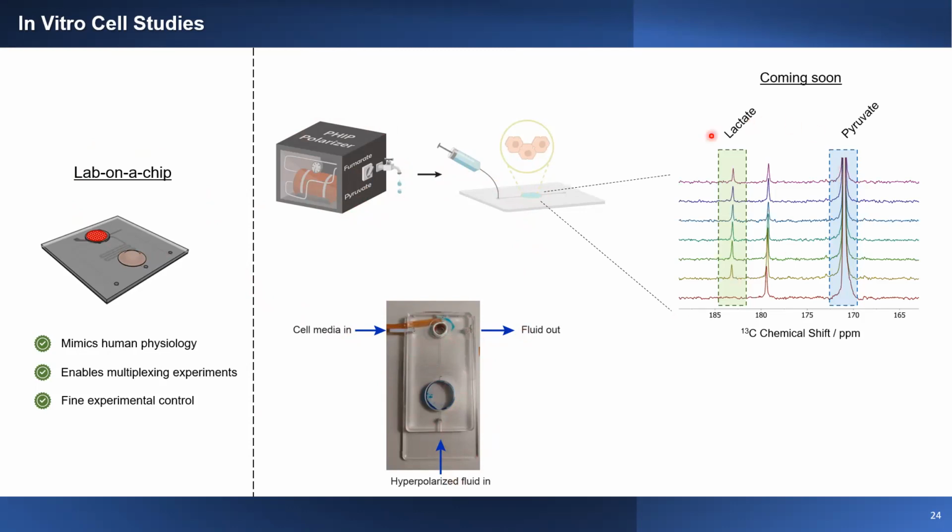The goal, and this is not data from microfluidic devices, this is coming soon, is to observe that metabolism from pyruvate to lactate and use that to extract information about these biological samples as ways of testing new drugs, or to see how cells are responding to different stimuli.